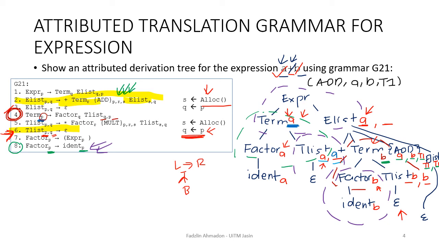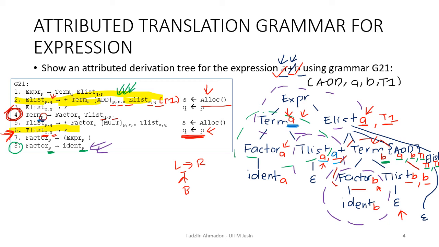We already know the values for P, R, S, and also Q. Q currently has the value of T1. We also see Q as the second attribute of ELIST. Therefore, this Q also gets the value of T1.